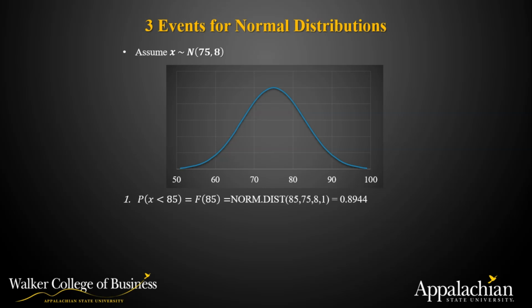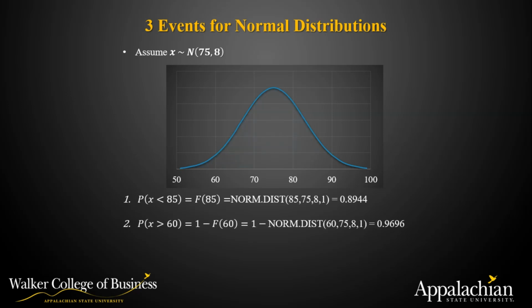To do that, we're going to evaluate the CDF at 85 by typing into Excel equals norm.dist, open your parentheses, type in 85, comma, the mean 75, comma, the standard deviation of 8, comma, and a 1 for the CDF, and close the parentheses. Hitting enter will reveal that this probability is 89.44%.